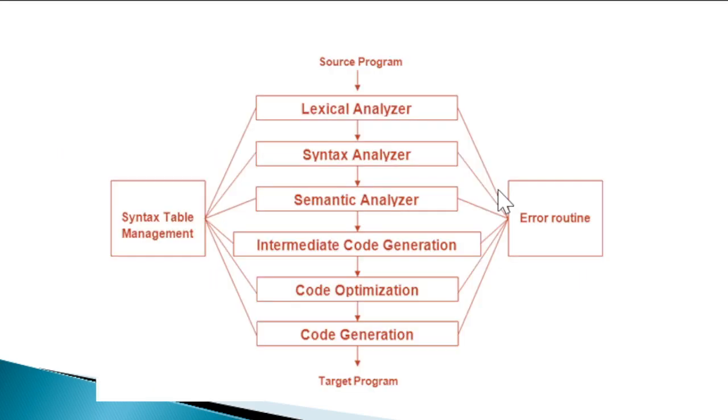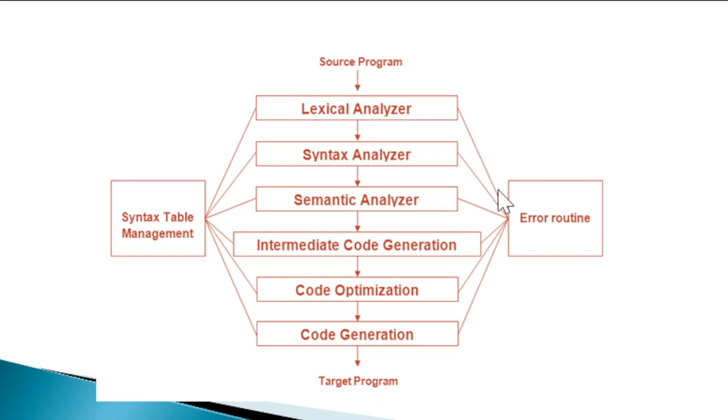This is a detailed structure of phases of compiler design. It includes 6 phases: lexical analyzer, syntax analyzer, semantic analyzer, intermediate code generation, code optimization, and final target code generation. All 6 phases are attached to a symbol table and error handling routines.